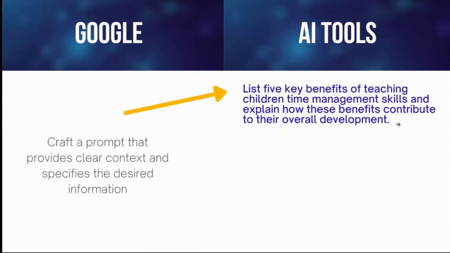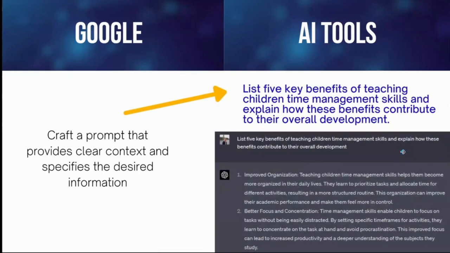With artificial intelligence, it's totally different. You need to craft a prompt that will provide clear context and the specifics for the desired information. So with artificial intelligence, I would write: list 5 key benefits of teaching children time management skills and explain how these benefits contribute to their overall development.